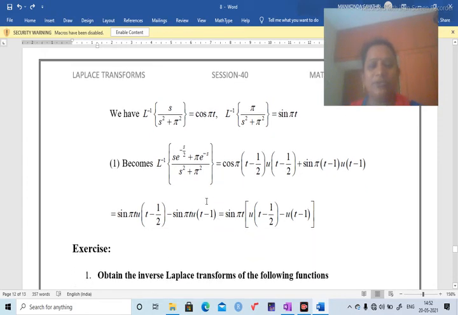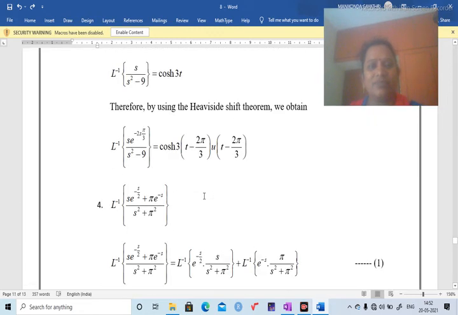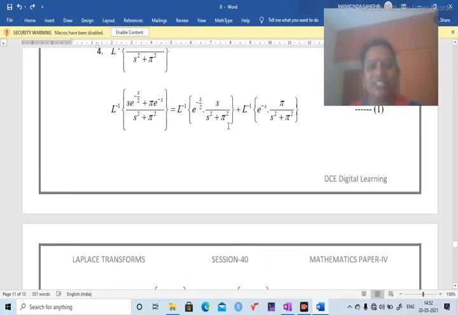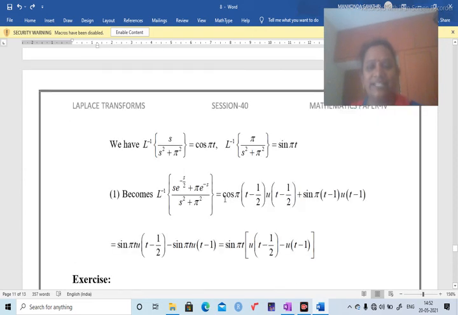Now by using the Heaviside shifting theorem, we can write L inverse of this quantity as cos of pi into t minus 1 by 2 into u of t minus 1 by 2.